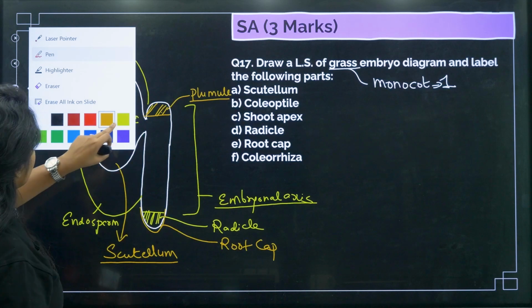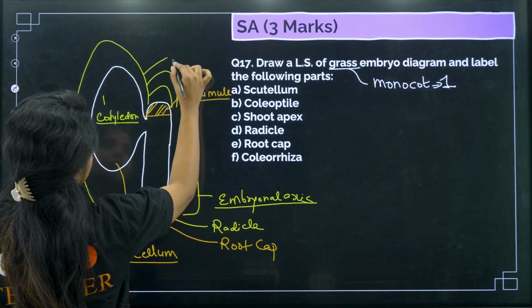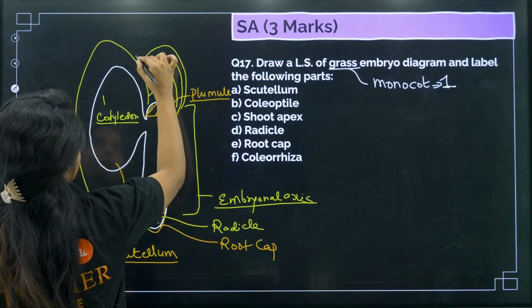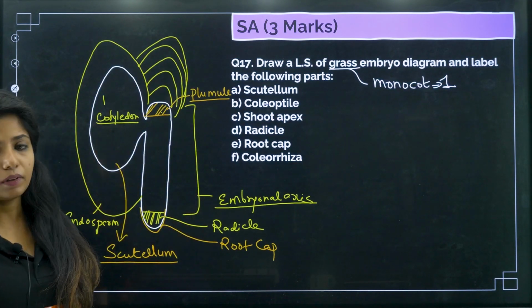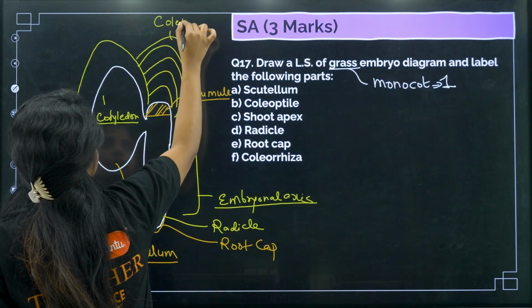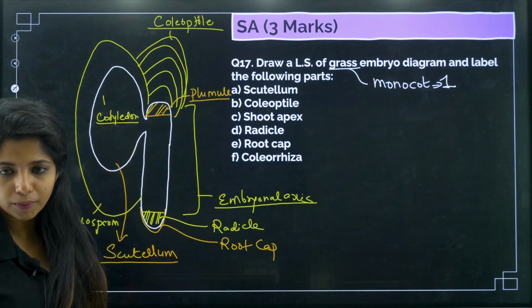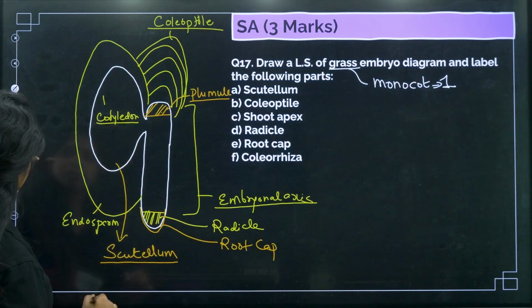Now over the plumule also you will be having certain things like this, which you call coleoptile, and similarly you will be having certain cells over here.